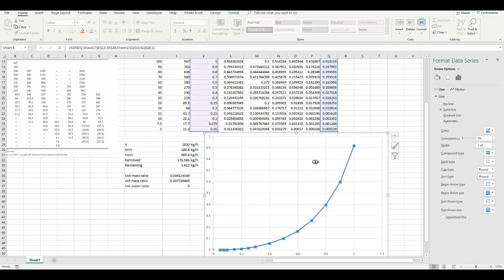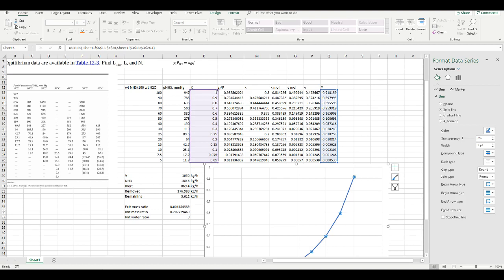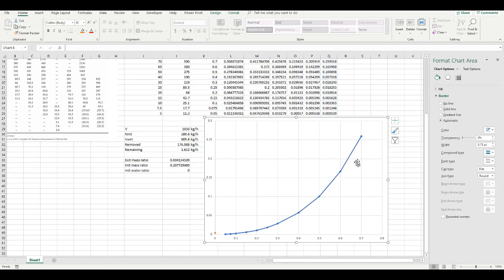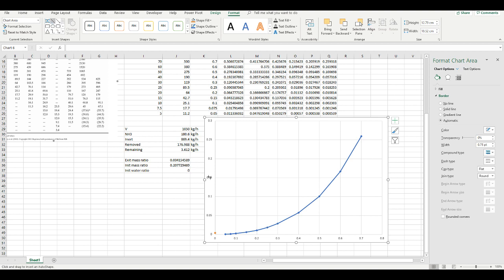So just for the sake of clarity, we're going to reduce the range of this graph slightly. There, so we're able to look at the relevant area. So if we take this line and we trace an operating line so that it intersects with the equilibrium line at the y value of 0.2077, it should look something like this.